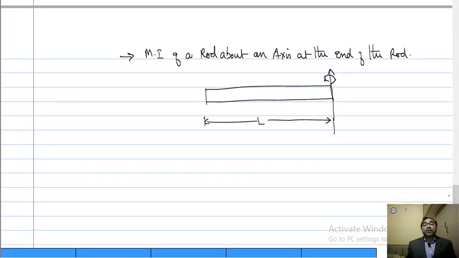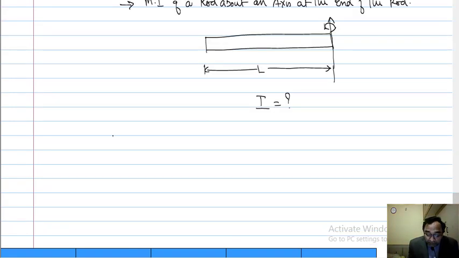So, in this case, what is to be done? We need to find the moment of inertia I about this axis. If you observe clearly, this is the given rod, and the axis is this one. Now, moment of inertia about the central axis is known to us. This is the central axis.